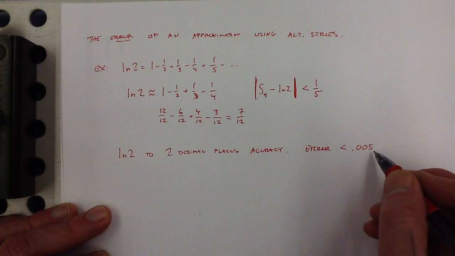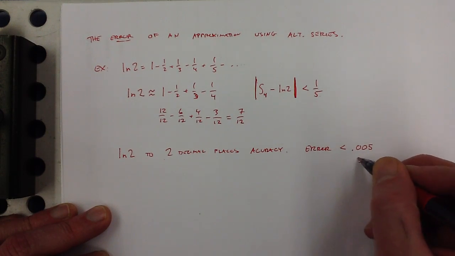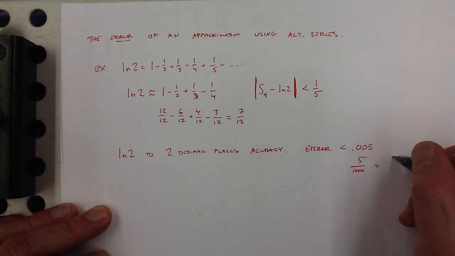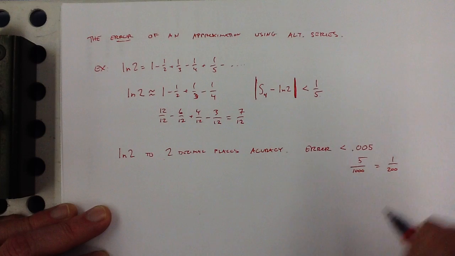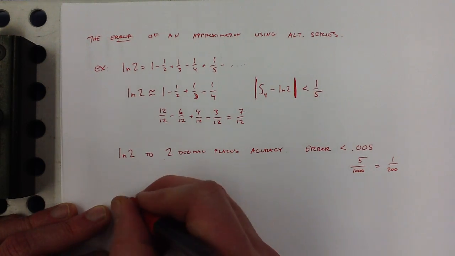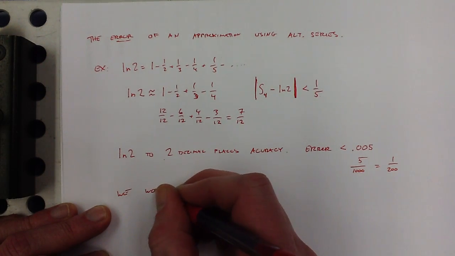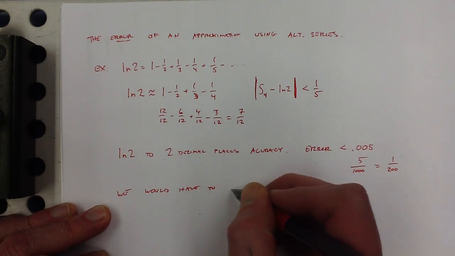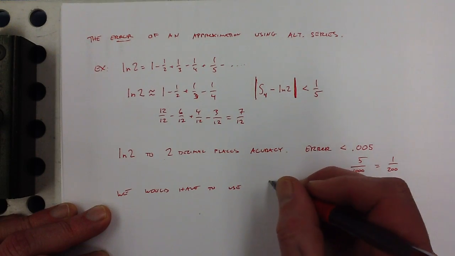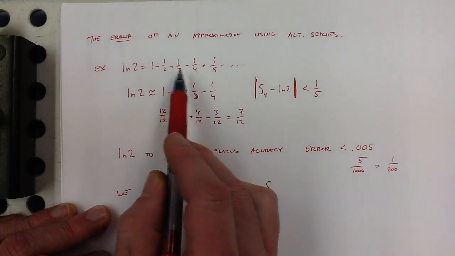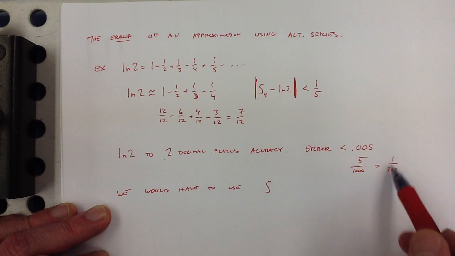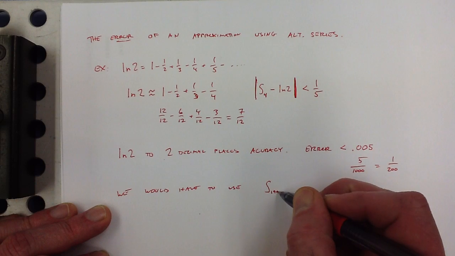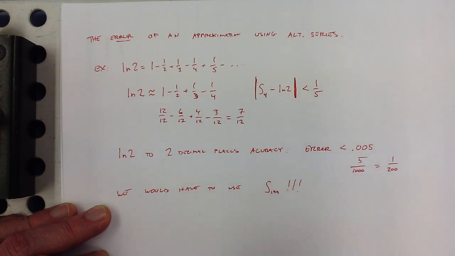So let's see. What is this as a fraction? That's 5 thousandths, or 1 over 200. So that means to do this, since it's pretty easy to see how far we would have to go to get to a term that was smaller than this, we would have to go 199 terms, right?